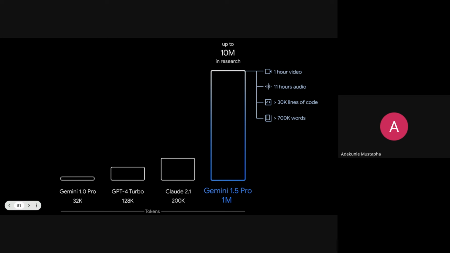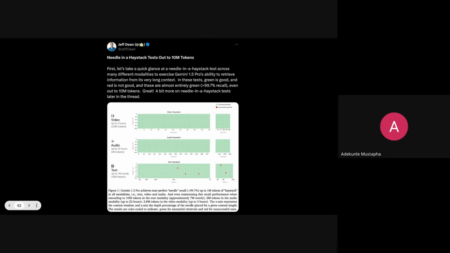You can pass up to 11 hours worth of audio to it. You can pass up to 30K lines of code, and you can pass more than 700K words at a go, or even more than that. That's how powerful the Gemini 1.5 Pro model is.